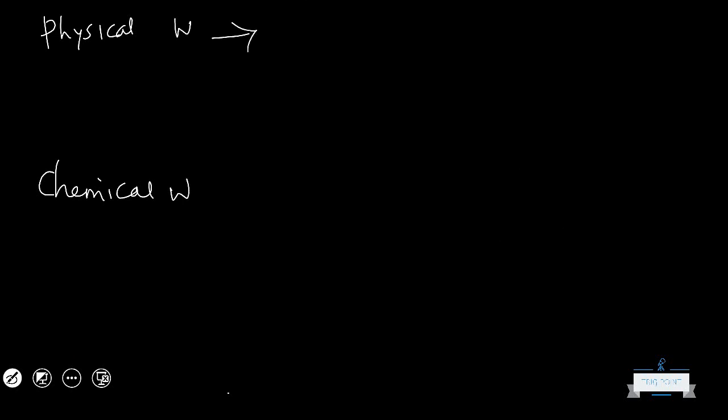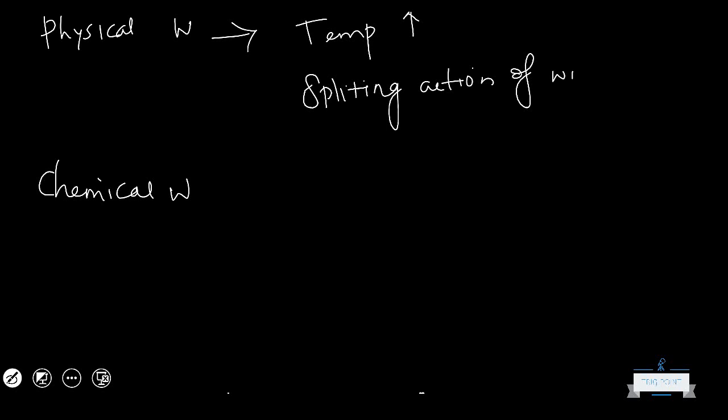Physical weathering is due to temperature change and splitting action of wind and ice. But chemical weathering is due to alkali or acid reaction.